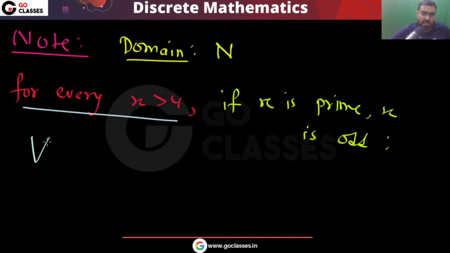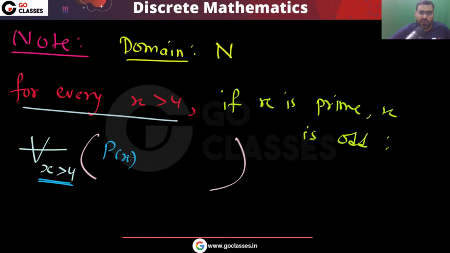For all x greater than 4, you put it here, and then you simply say that if it is prime, then it is odd. So this is correct. Remember, this is correct.